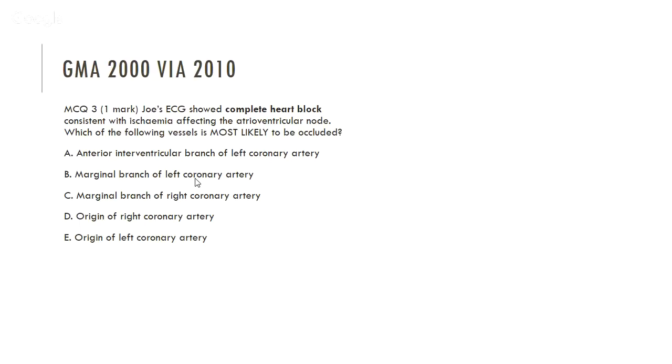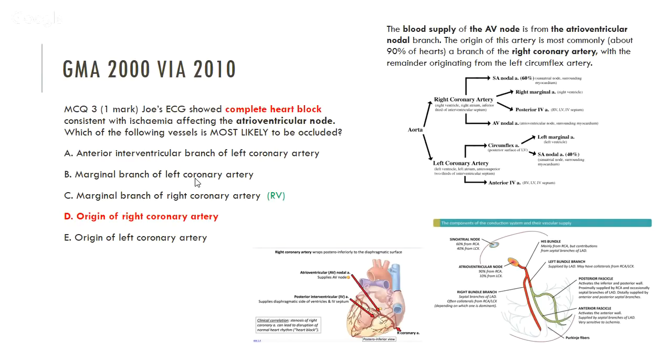If you remember, the conduction system is usually supplied by the right coronary artery. So I thought the answer was the right coronary artery. The marginal branch will supply more of the right ventricle, which is a bit too distal, a bit too below the AV node. So the right coronary artery.